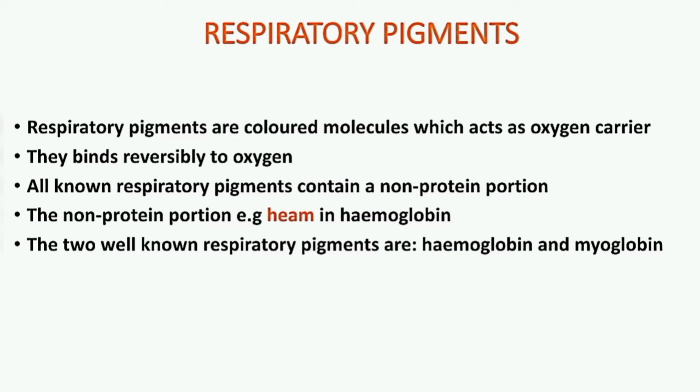Heme is an iron group, so it is the non-protein portion of hemoglobin. The two well-known types of respiratory pigments are hemoglobin and myoglobin, which we study next.